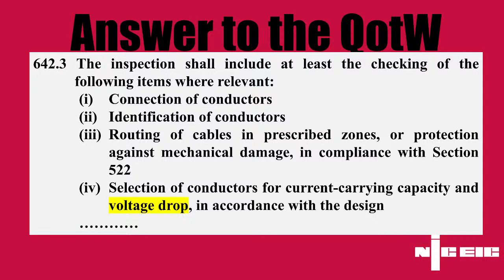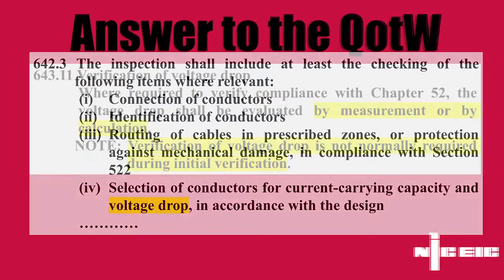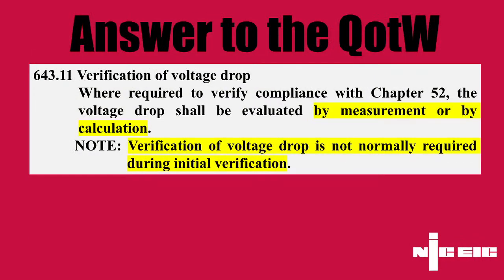There's also an informative note under 643.11, which states that verification of voltage drop is not normally required during initial verification. 643.11 also confirms that where required to verify compliance with Chapter 52, the voltage drop shall be evaluated by measurement or by calculation. So calculation can be used, and you may wish to refer to Appendix 4 to help calculate that volt drop.